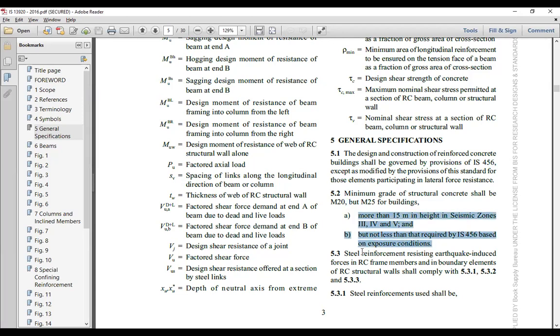Are you getting it? In the 1993 code that we saw just now, it was only mentioned that the minimum grade should be M20, but here they have included this part also. Is this clear, everyone? Okay, so the second clause is slightly modified in the latest code.